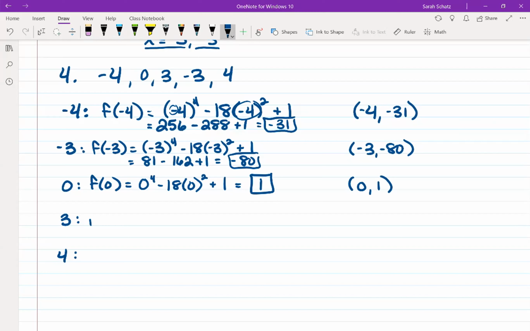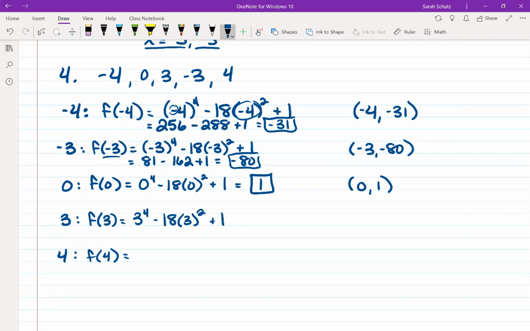Now, I need to test +3. But you guys, I'm going to just use what I know about this type of function to make it easier. Remember when I put -3 in? I fourthed it, I squared it, and those negatives turned into positive. So don't you think I'm going to get the exact same answer that I got above when I do 3 to the 4th minus 18 times 3 squared plus 1?